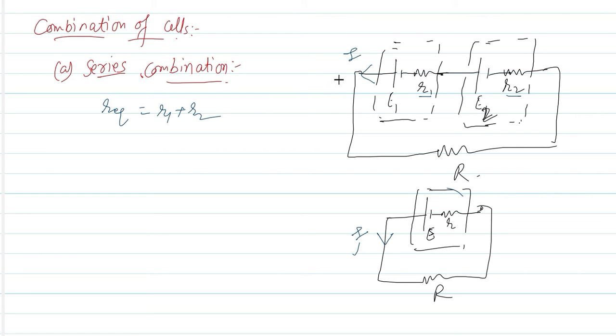We all know that the board has deleted this part, the series and parallel combination of resistances, and we had already discussed this, but in spite of it being deleted from our syllabus, we have to actually study it.